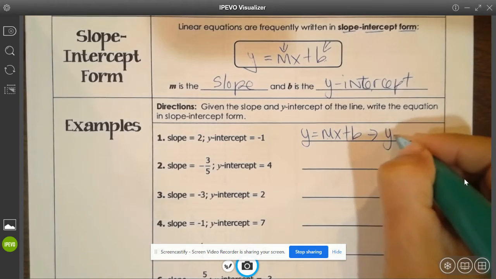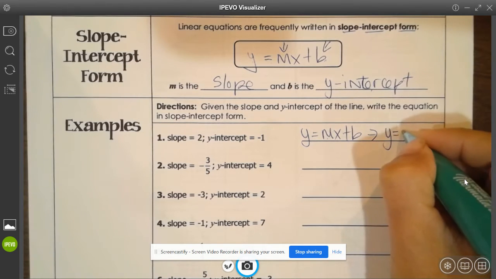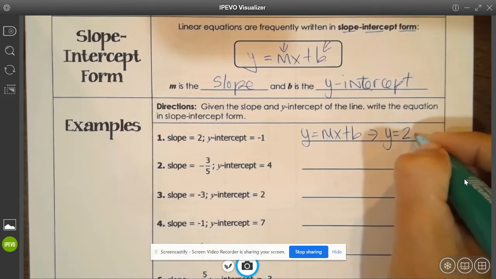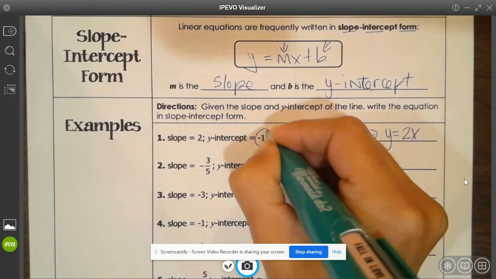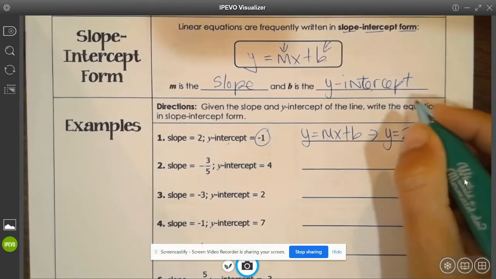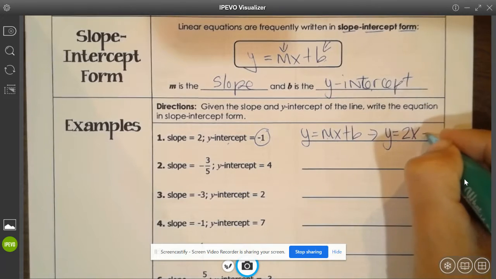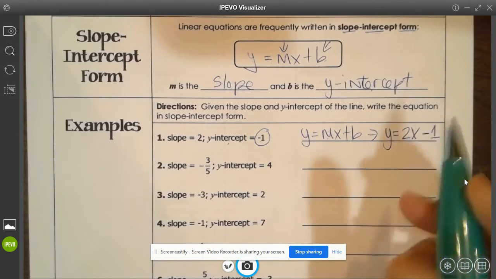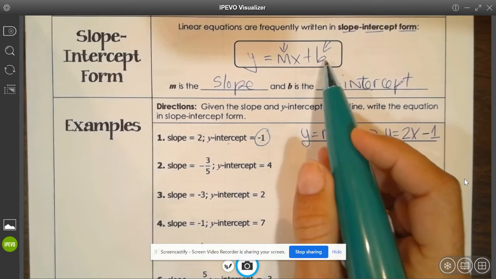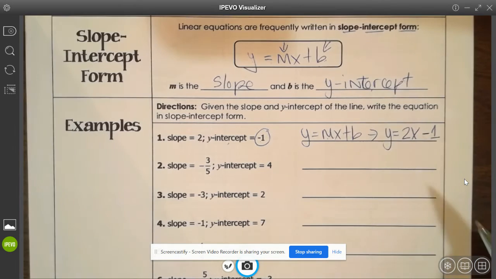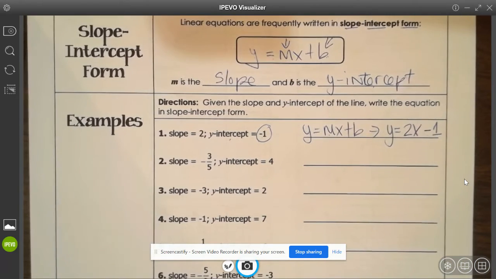So it's y equals, y doesn't go away, 2, which is the slope, times x, minus, there's a minus 1. That is the y-intercept, which goes for b. So minus 1. Now, because it's minus 1, it takes away, so plus and minus is a minus, so it's minus 1. All right?